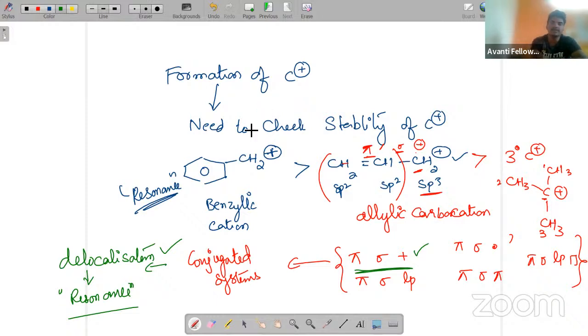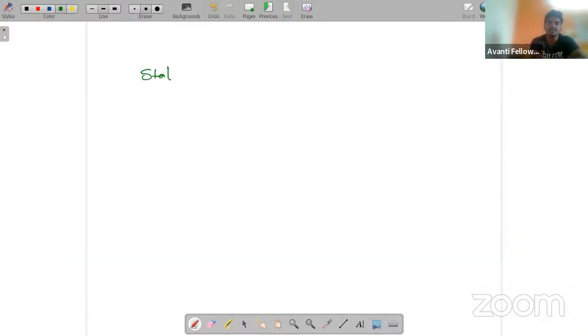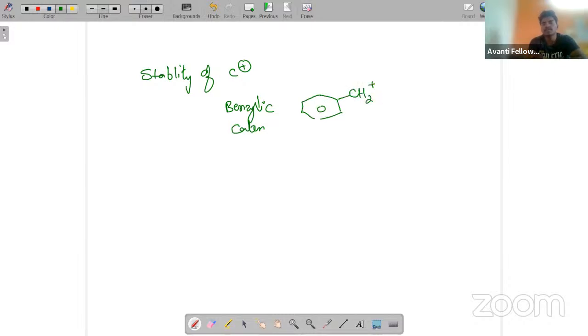So again, I'm repeating, the stability of carbocation will be: first benzylic cation, which is C6H5CH2 plus. Next, allylic carbocation, that means CH2=CH-CH2 positive.